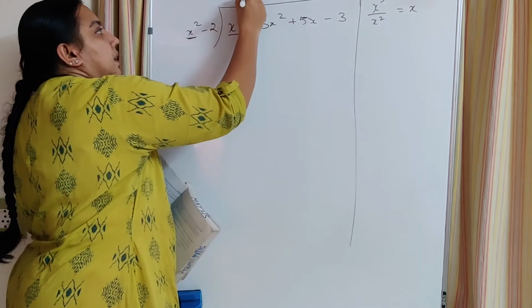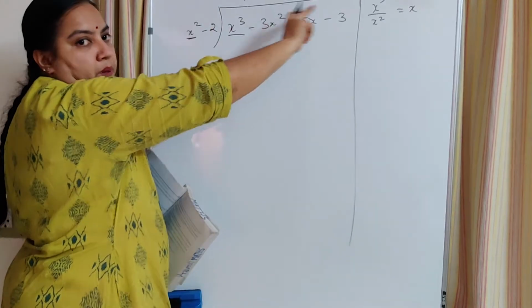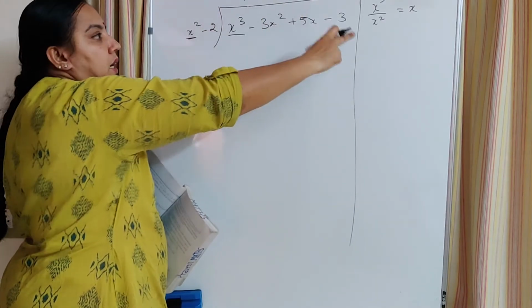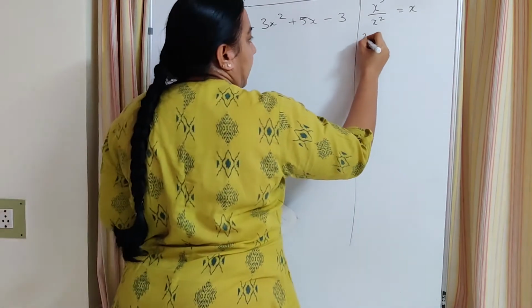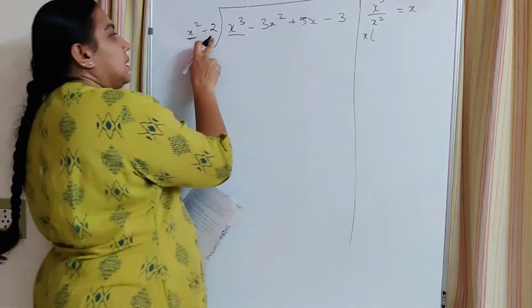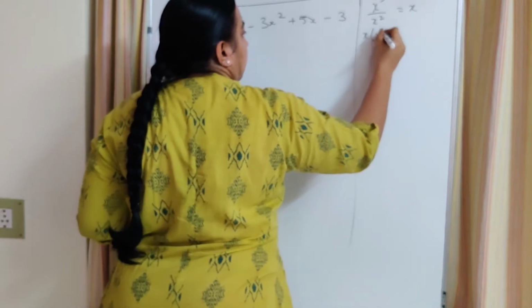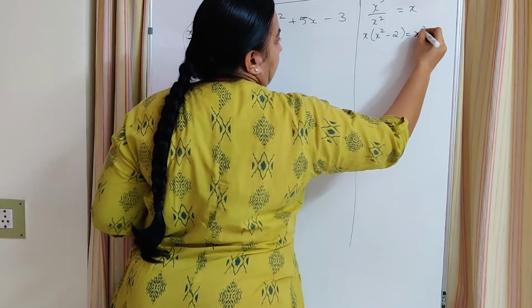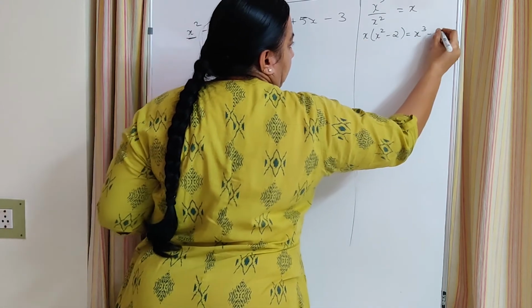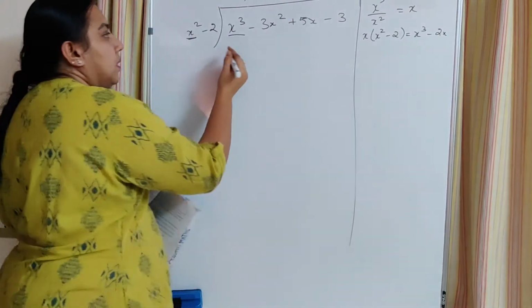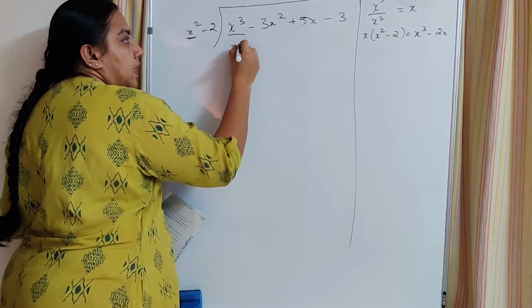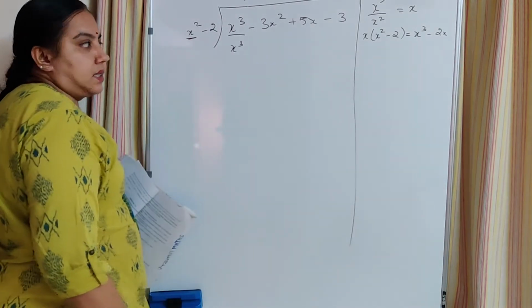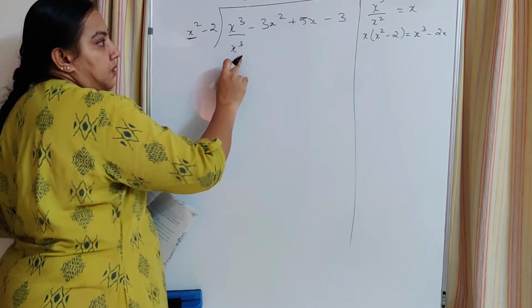Write it first. Even though you know the answer, many people tend to forget to write this term. So write it first. Then multiply x into x square minus 2. x into x square is x cube, and x into minus 2 is minus 2x. Now write it along with the power of x. x cube, so I have written x cube.